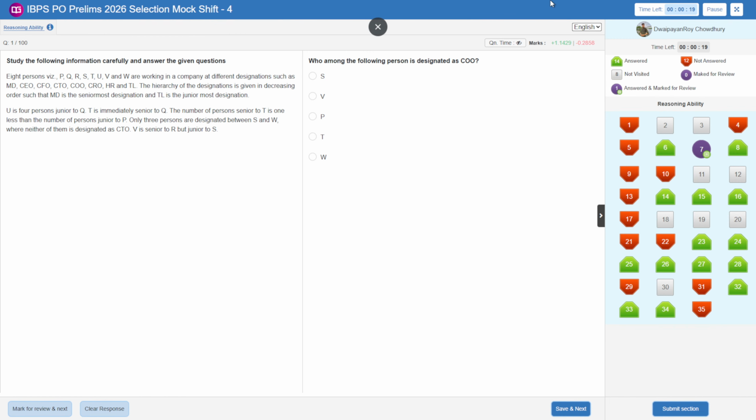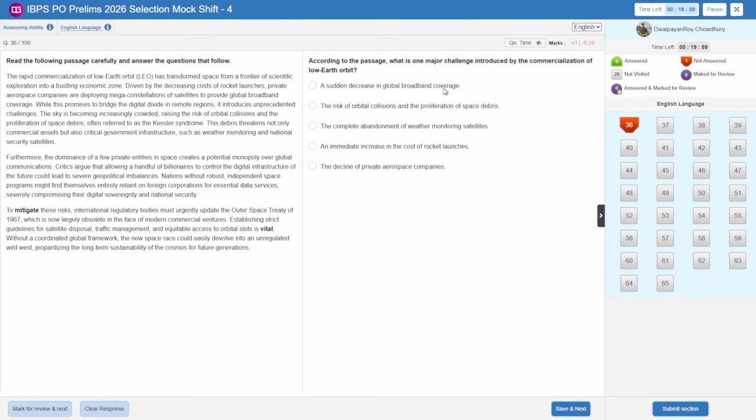Okay, not possible. So this option. So COO, COO, W, 3 junior to V, 1 to U. True, alphabetical order between Q and R, Q and R. Okay.